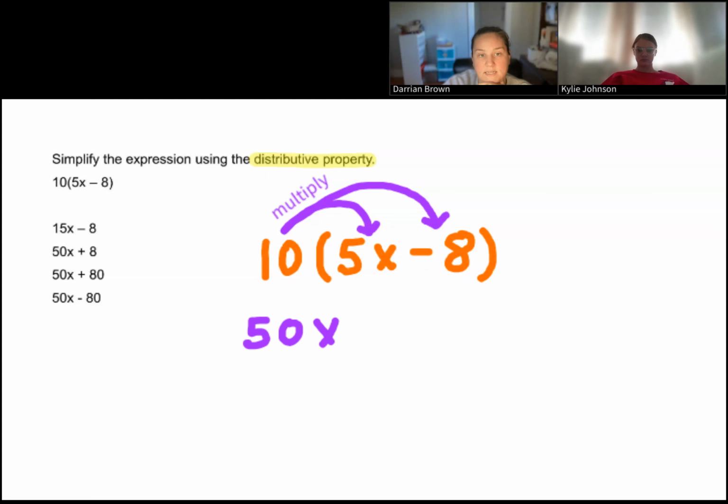And then what is 10 times negative 8? Good, Christian. Negative 80. So we copy that down and we have simplified our problem using the distributive property. Our answer is 50x minus 80.